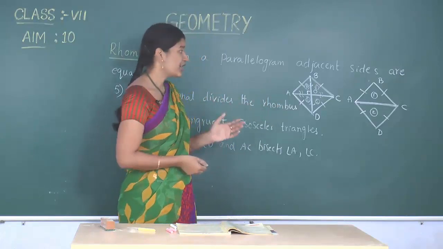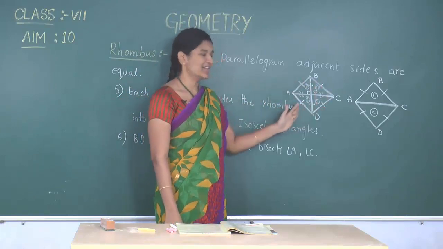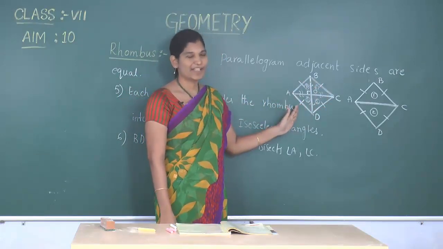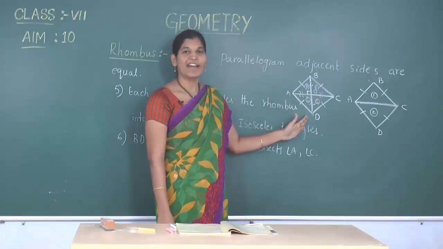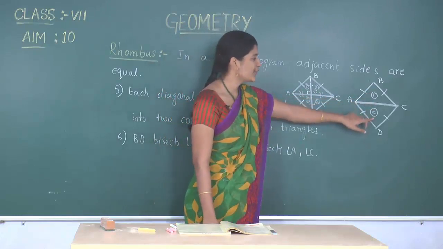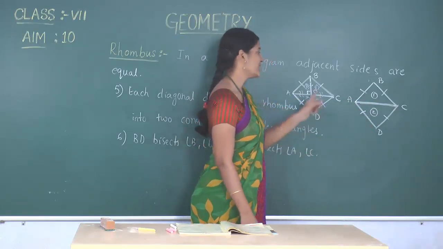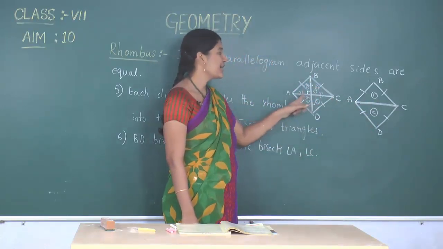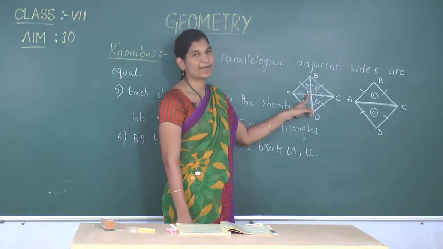And let me recall, in rhombus all sides are equal. And the second property is sum of the adjacent angles is 180. And the next one is each diagonal divides the rhombus into two isosceles congruent triangles. And the next property is diagonals bisect each other at right angle, means perpendicular.